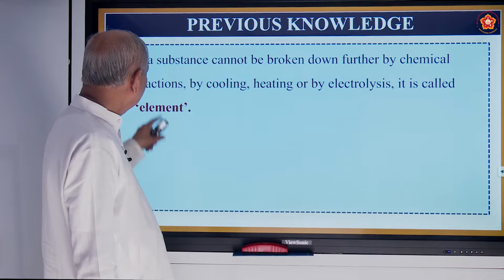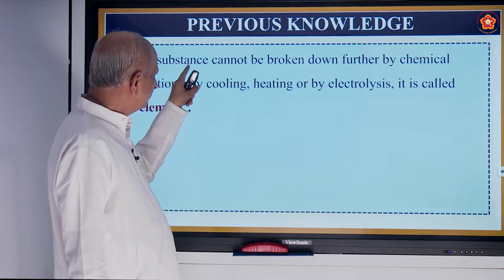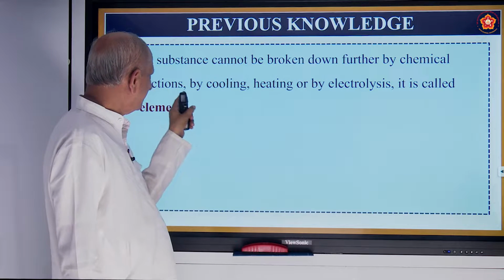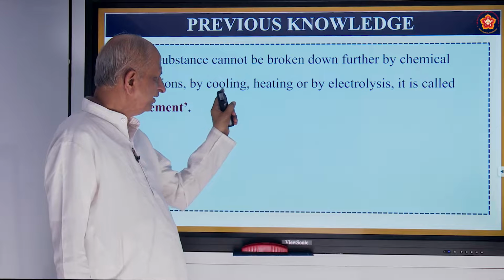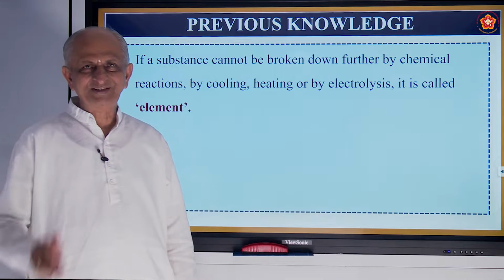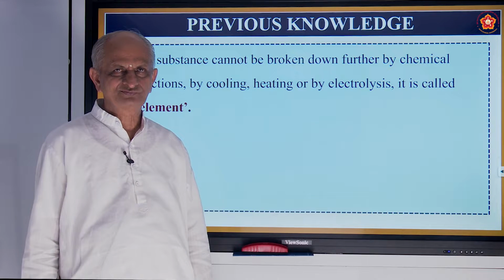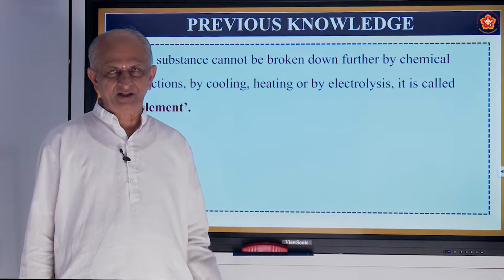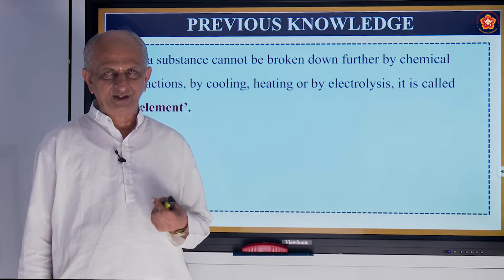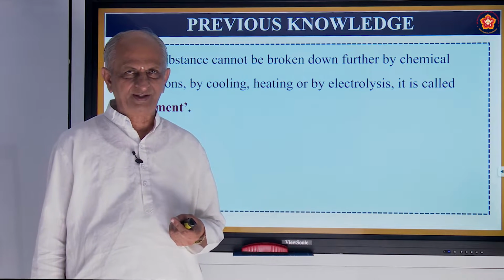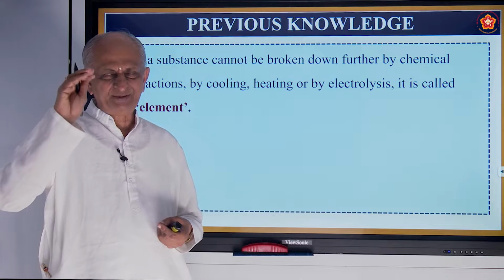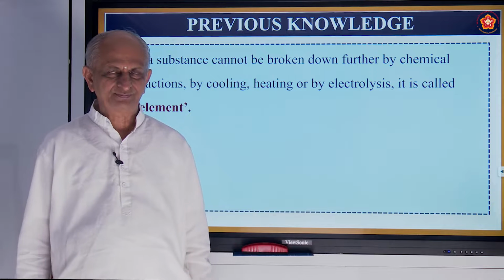What is element? It is a substance that cannot be broken down further by chemical reactions, by cooling, heating, or by electrolysis. So it is the simplest substance. For example, if you take nitrogen or oxygen or sulfur or carbon, etc. If you go on breaking it, the smallest particle also will be sulfur only.